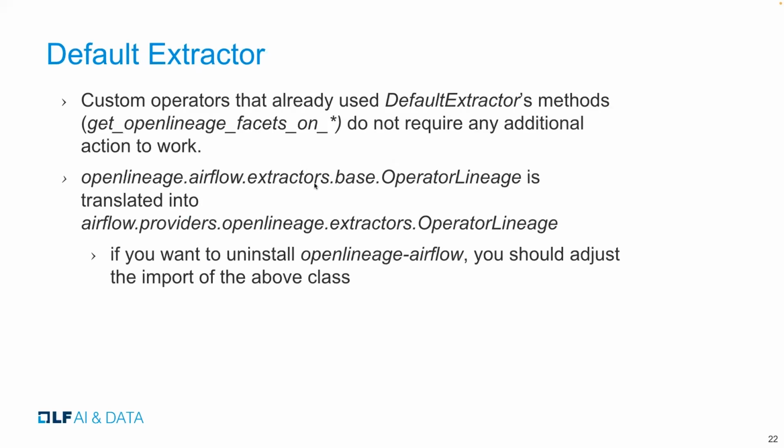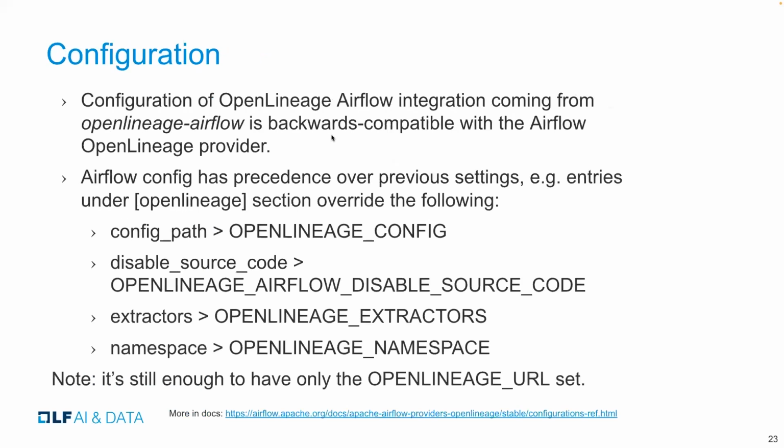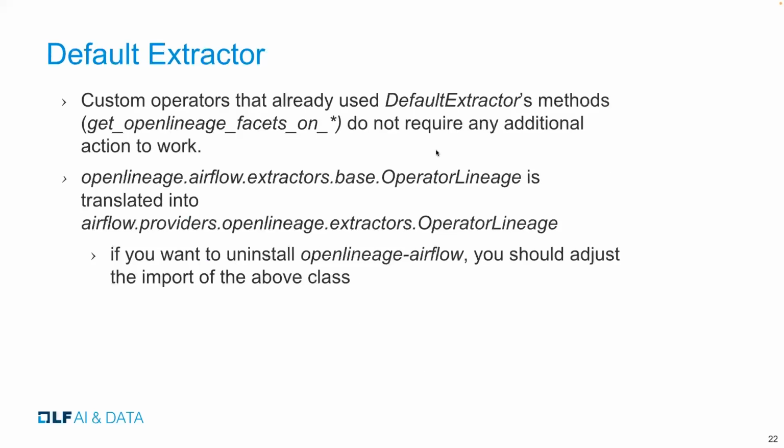And as I mentioned, there is a default extractor that looks for get_openlineage_facets_on_something methods, and if they exist in the operator class, it tries to run them. So the concept is the same, and actually the provider package is also using default extractor. So this is not a big change.